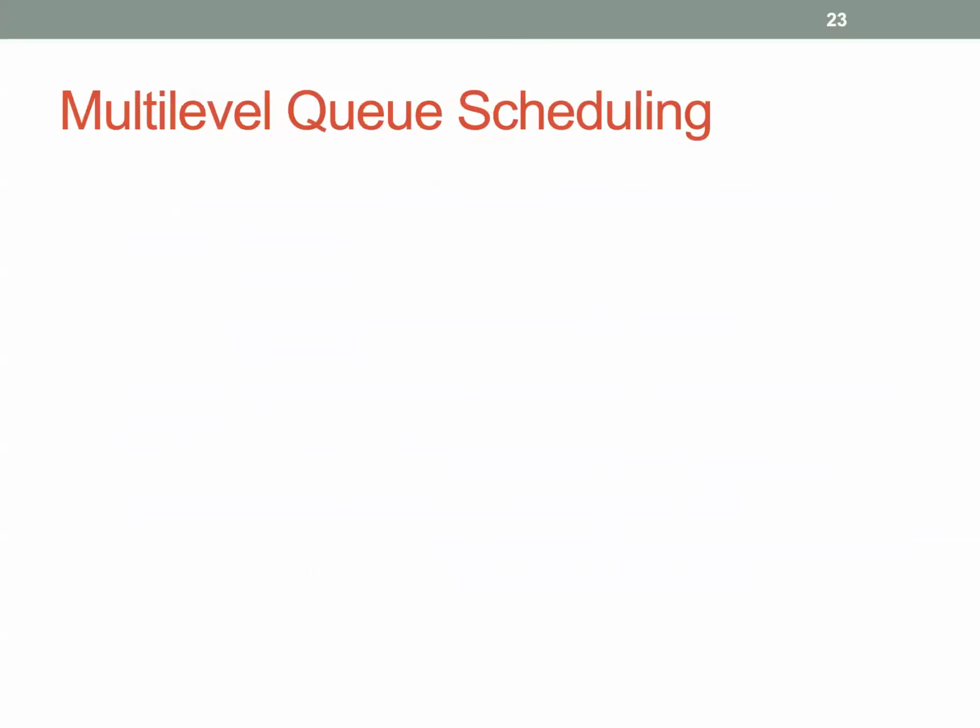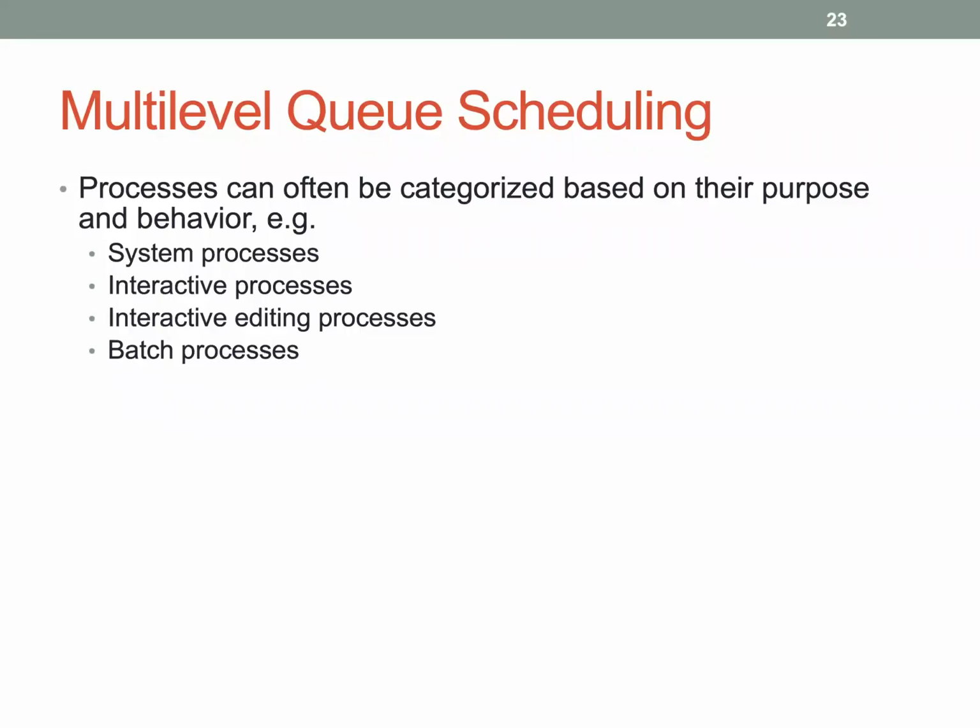Okay, another scheduling algorithm to talk about is multi-level queue scheduling. This is akin to what you'll be building, but I don't want to get ahead of myself. Basically, we notice that processes in a system, if you're running a general purpose computer, have different characteristics.